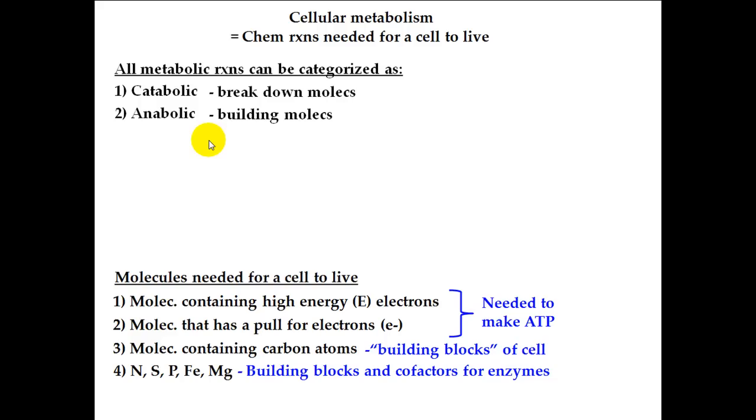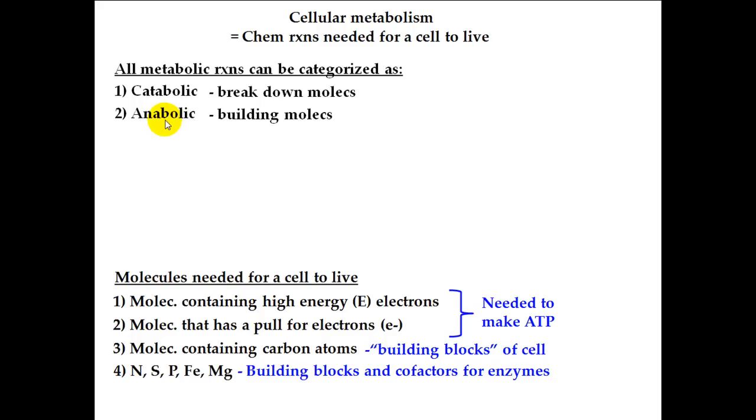A cell might want to catabolize something, or break it down, so that, for example, electrons can be released from it to make ATP. Another reason is to release carbon atoms from it so that it can build other cell parts.